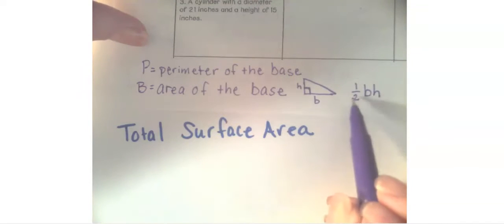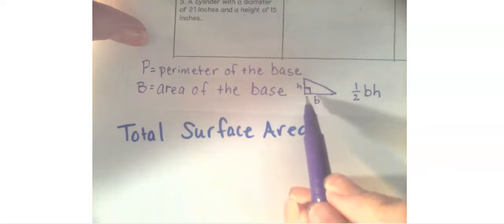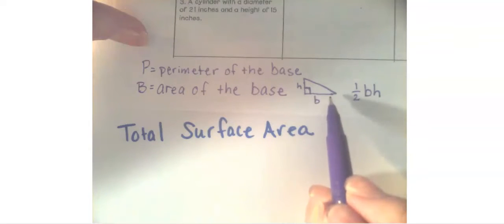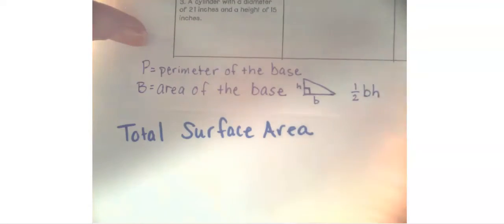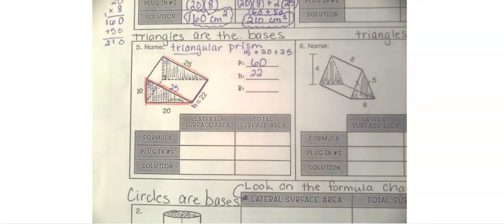Remember, we are only looking at a two-dimensional shape. We're only looking at the bottom of the prism, this triangle. So the base, I'm going back up here. If I go too fast or you need to rewatch that, please do. So remember, we're doing 1/2 times the base times the height.